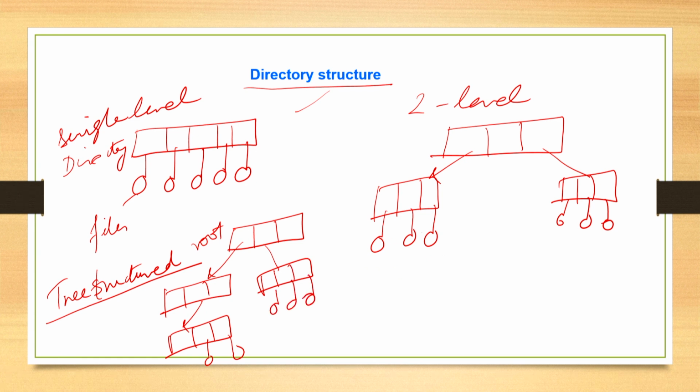Other directory structures are also there. So many directory structures are there. Now, how to select which type of directory structure is most suitable for storing data on a given platform? Who will decide it? That is again the job of the operating system.